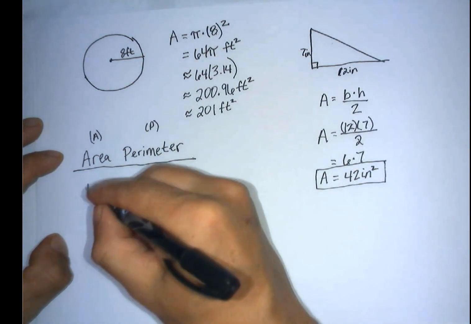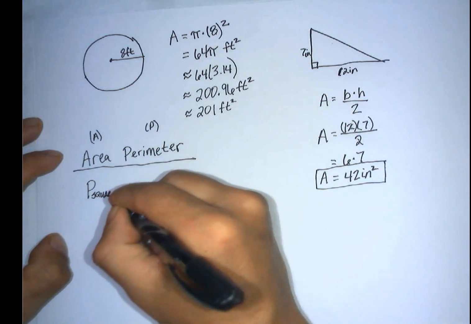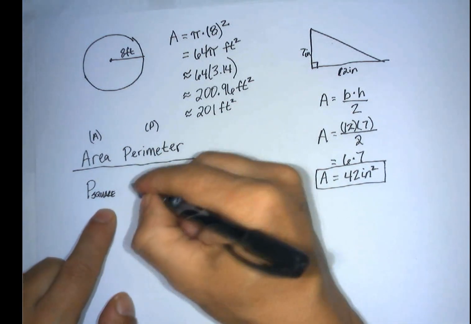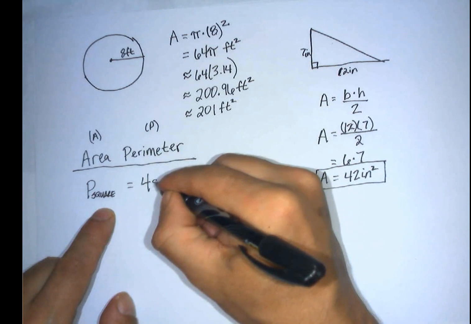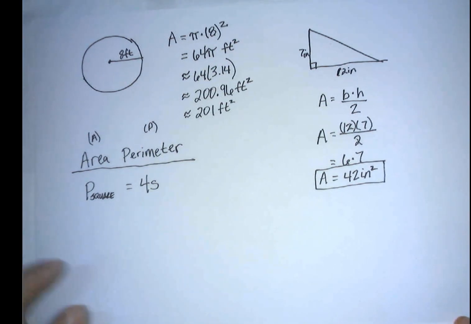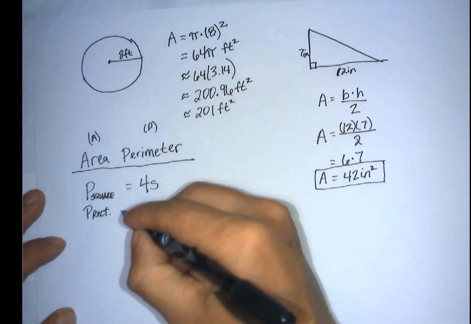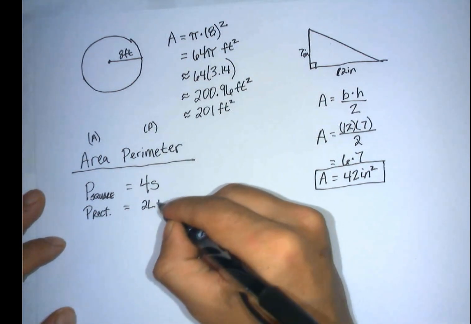So the perimeter of a square, and we can write this like this, P square is 4 times S. So if you have a square, to find the perimeter, you multiply 4 times S. The perimeter of a rectangle is 2 times the length plus 2 times the width.